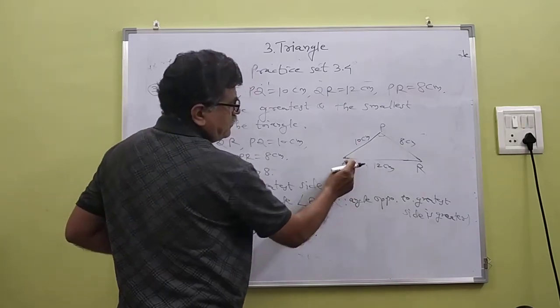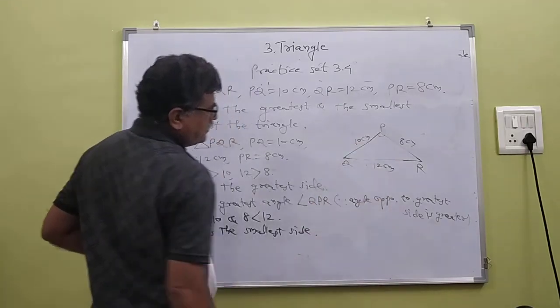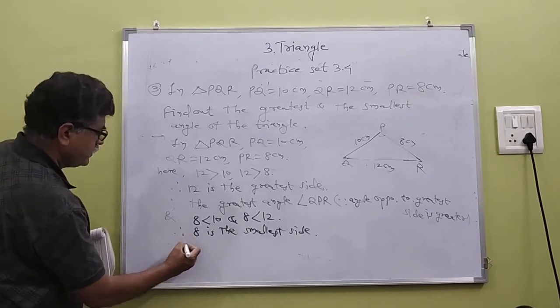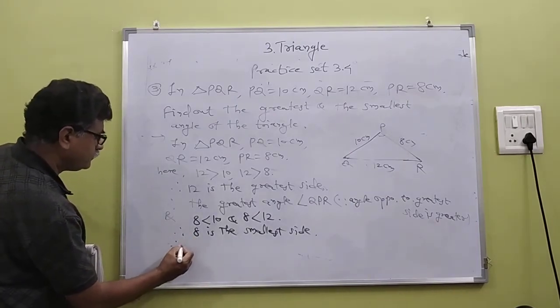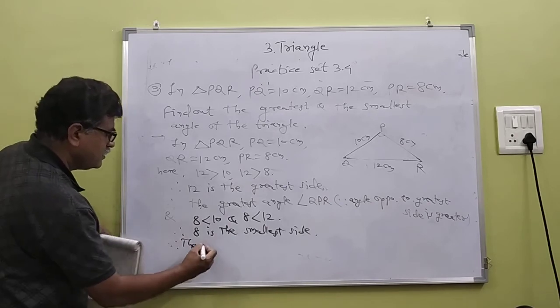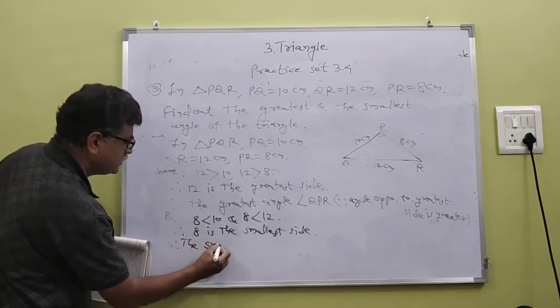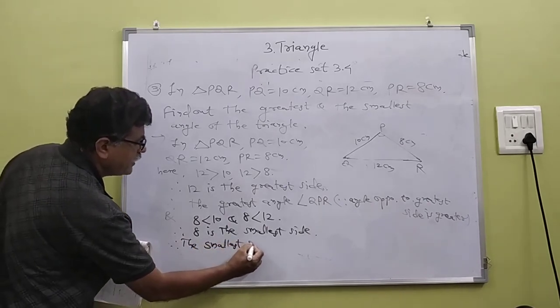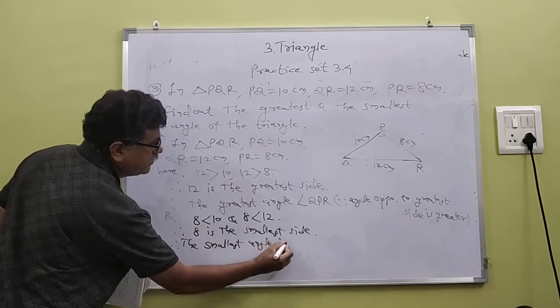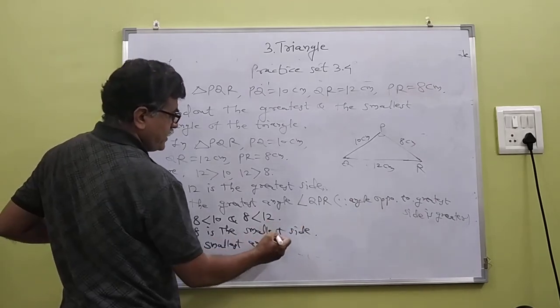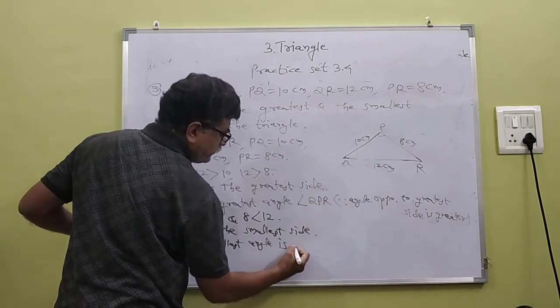Now the angle opposite to this is angle PQR. Therefore the smallest angle is angle PQR.